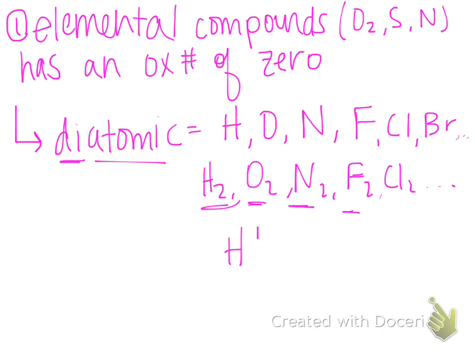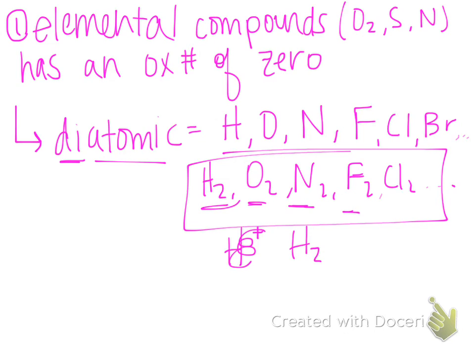When hydrogen hangs out, it's usually an H+, right? So what would happen with that? Yeah, something would want to pick up that proton, right? We talked about proton donors and proton acceptors. Something's going to want to snatch that up. So if it hangs out H2, it's a little bit safer. All right? That was kind of a sidestep, but these are elemental. So these diatomics would all have an oxidation number of 0. Okay? All right, very good.